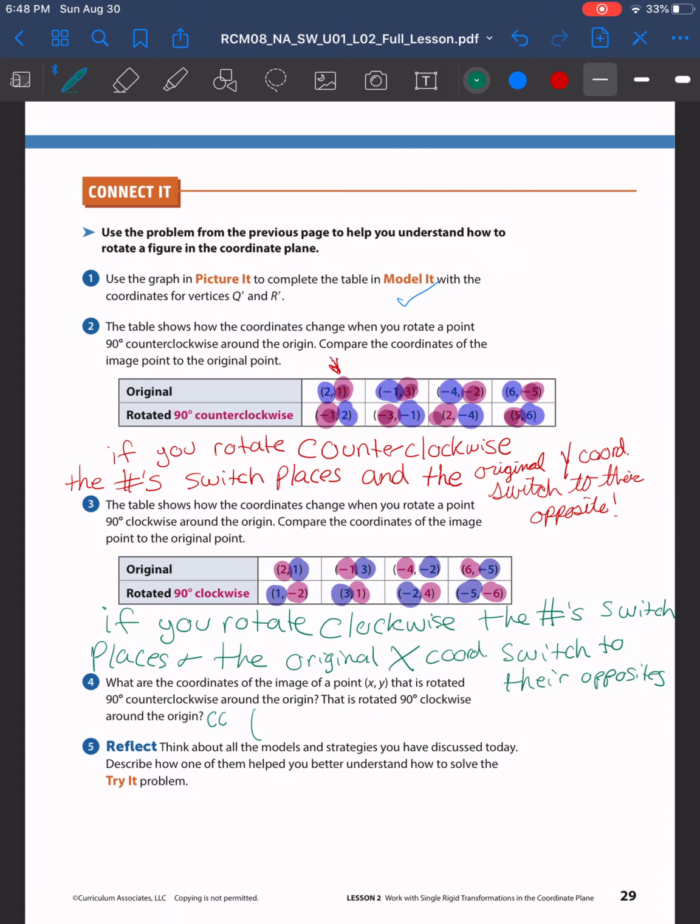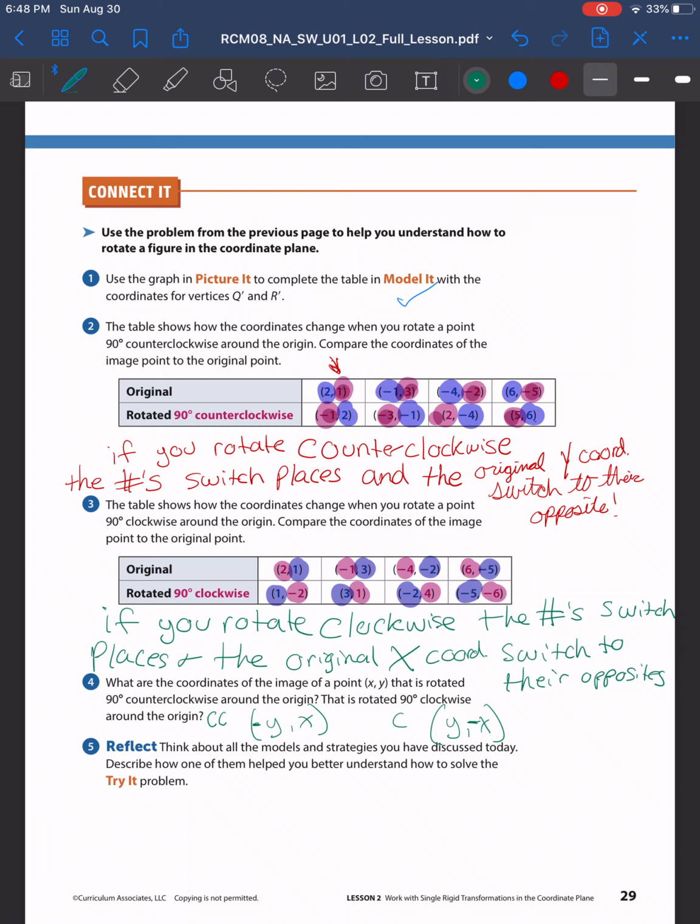So this would be Y, X, because the numbers switch places. And then the y coordinate switches to the opposite. So the y was positive, so now it's negative. What if it rotated clockwise? Clockwise, C for clockwise. Remember they switched, so it's going to be x comma y. And then the x switches to its negative.